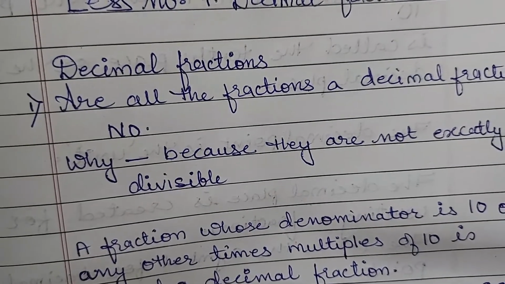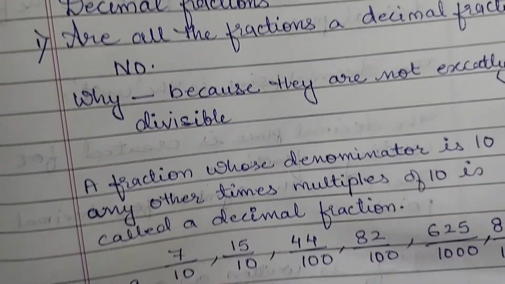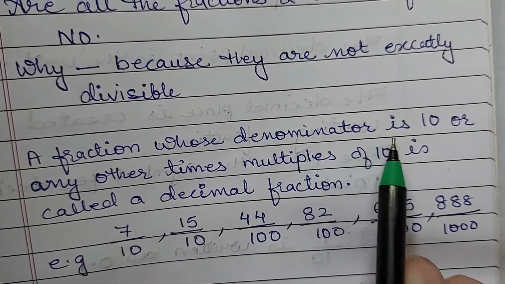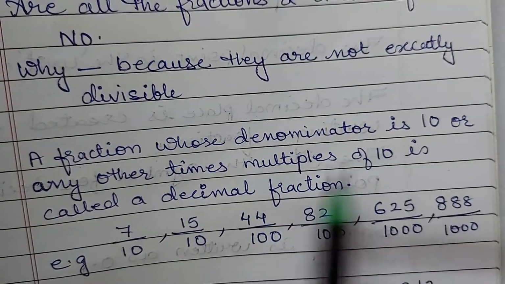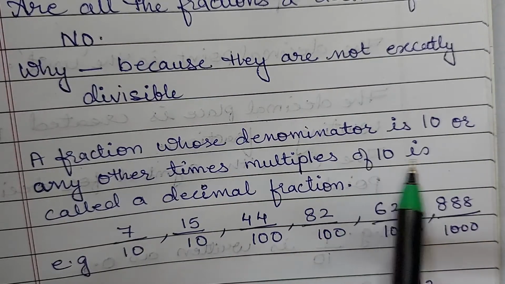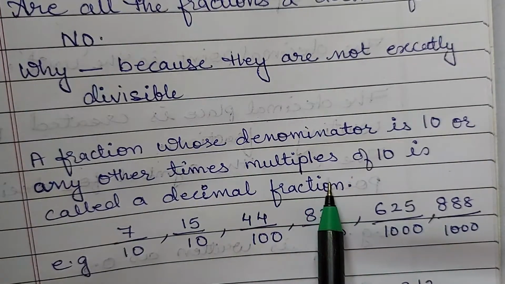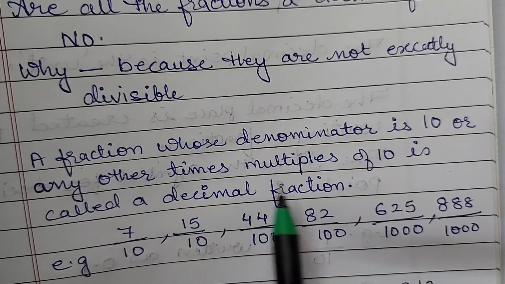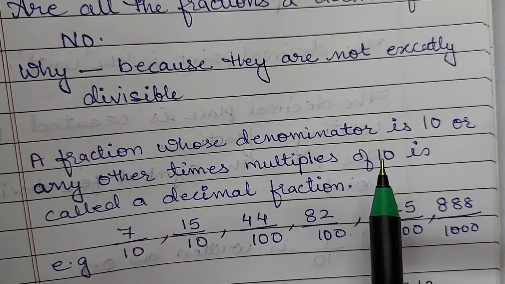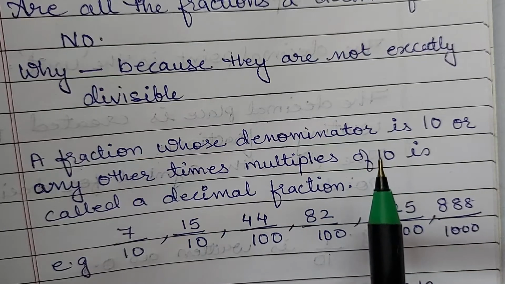How we found out factors, no? In the same way, a fraction whose denominator is 10 or any other multiple of 10 is called a decimal fraction. Multiples of 10 means like the table of 10, but not 10, 20.